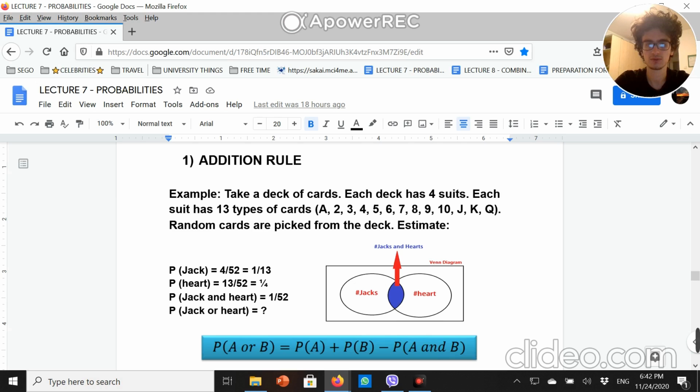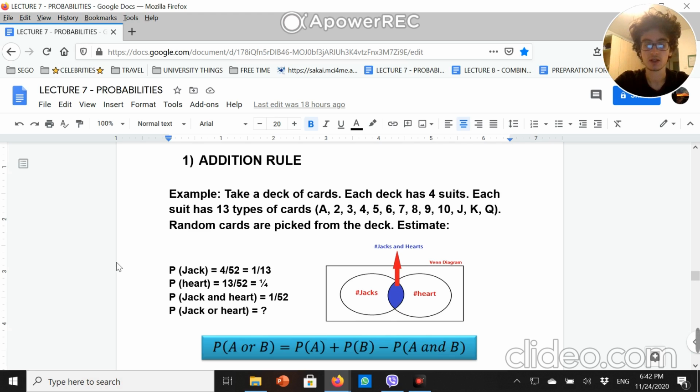So 4 over 52. Why? We have 4 suits, meaning that there are 4 jacks. The number of cards in each deck is 52. So we would say that the probability of getting a jack is 4 over 52, or when we simplify it, it's 1 over 13.